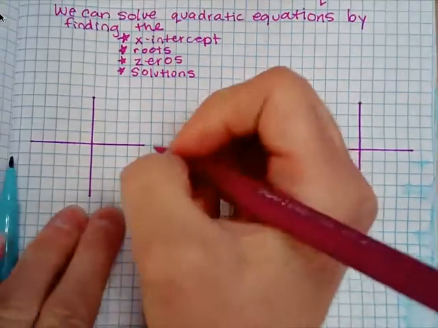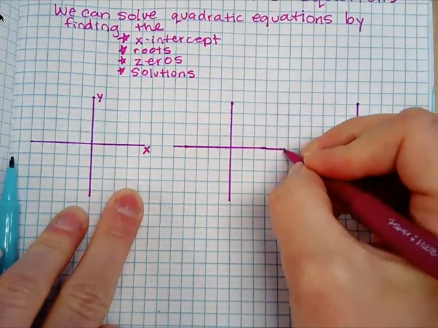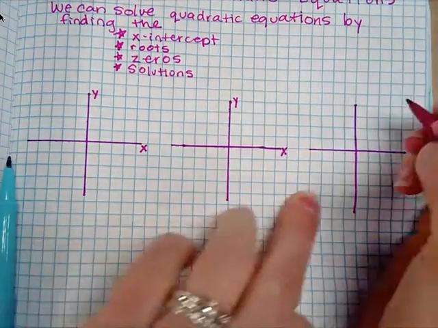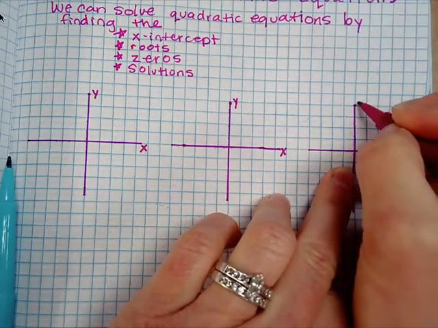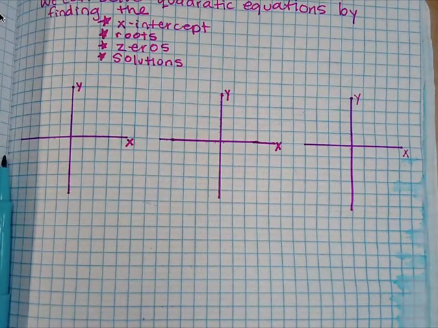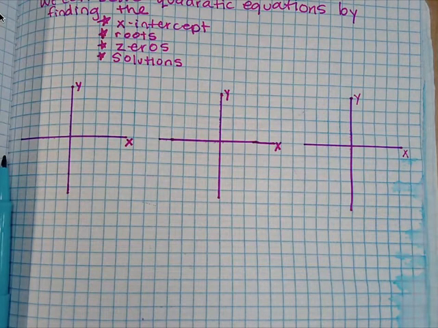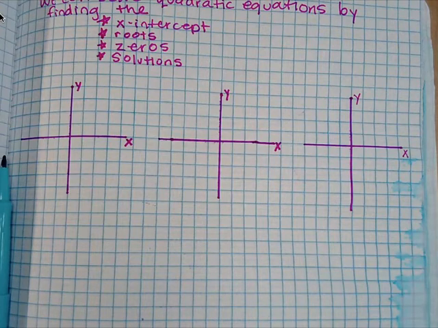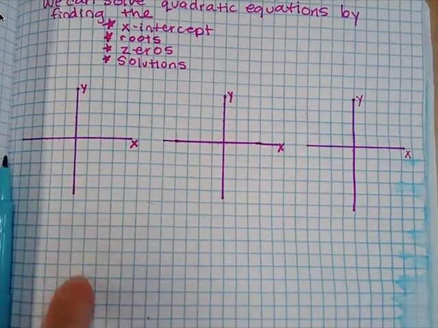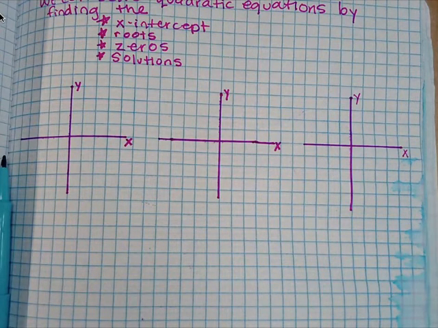Label your x and y axis. It doesn't have to be perfect. Just 3 little ones. You can do another one down here if you're out of room. That's fine. We're actually going to take 2 pages to do these notes. We're not going to fill up both of them, though.